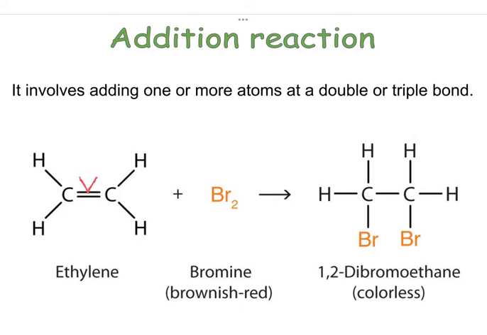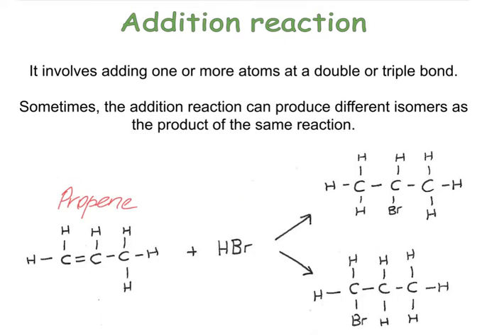Ethene will attach bromine to carbons, and you can see that one bromine goes to one carbon, another bromine goes to another carbon, and we see both of them being part of the molecule of 1,2-dibromoethane on the right.